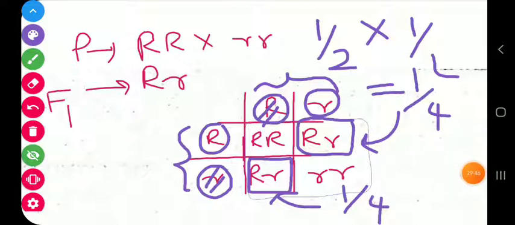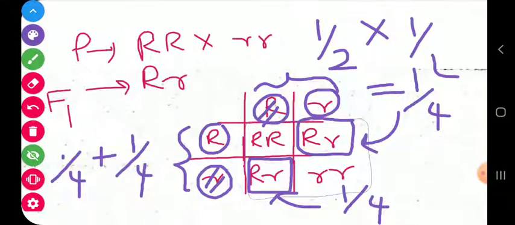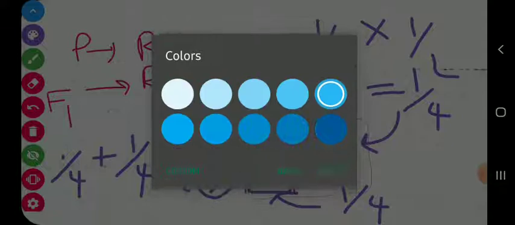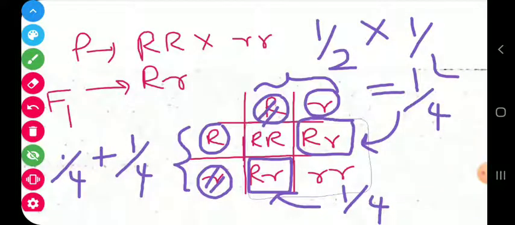So as a whole, the probability of getting a heterozygote is 1/4 plus 1/4. Now this is the addition rule that we were talking about. This is what the addition rule means.